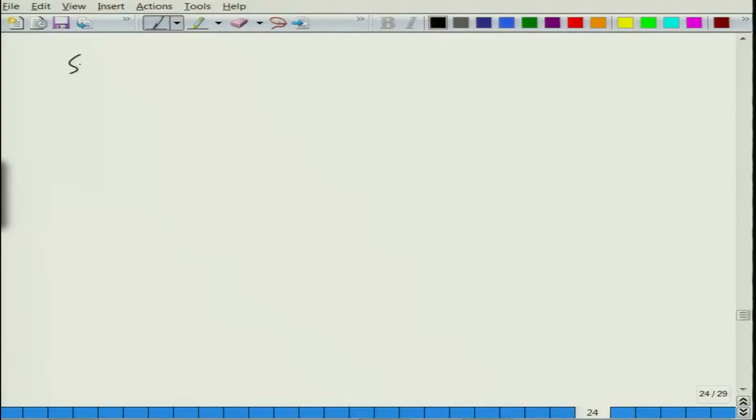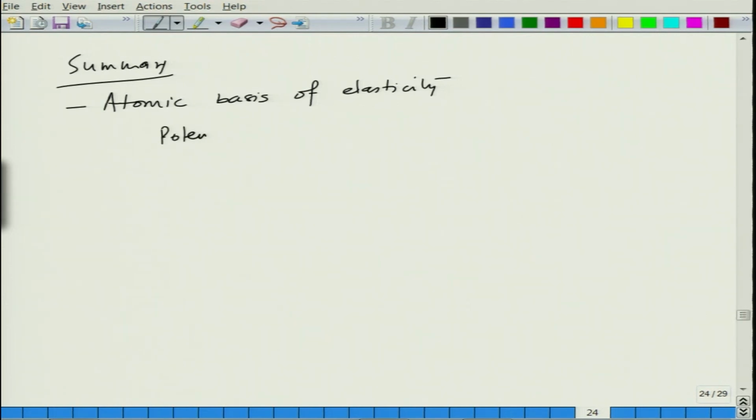Just a summary. In this lecture we have established an atomic basis of elasticity. We looked at potential energy and force.